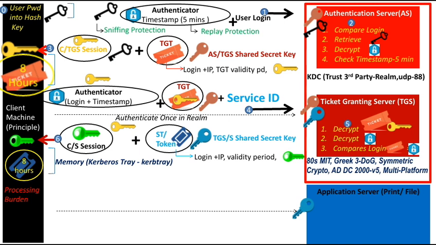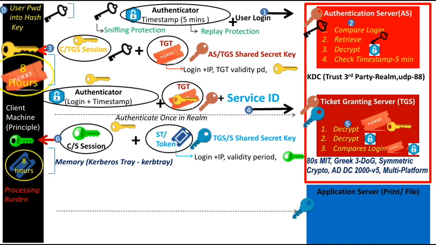This token also contains the user login, IP address, validity period, and also the second session key. So these four pieces of information are encrypted by using a key which is only known to the ticket granting server and the application server.